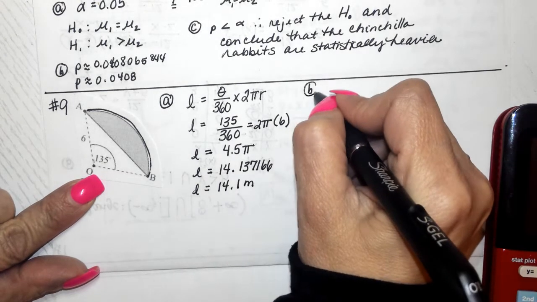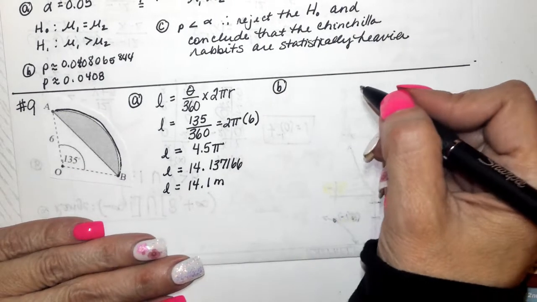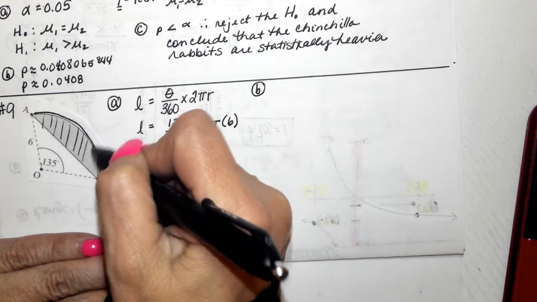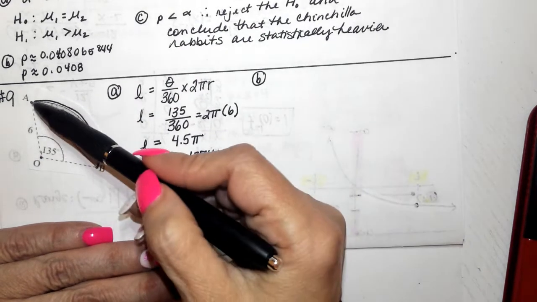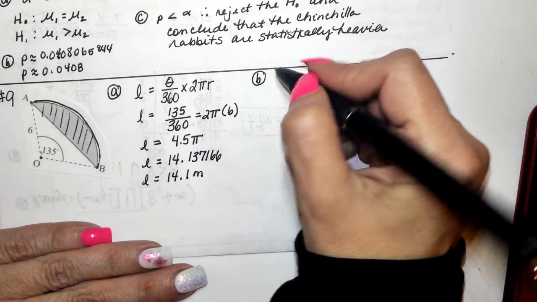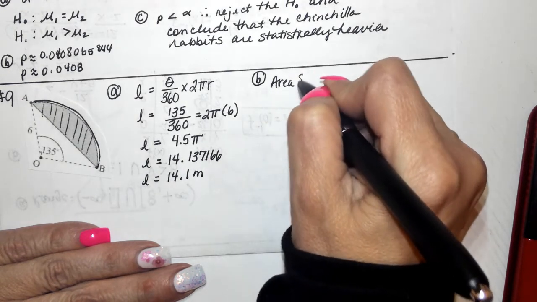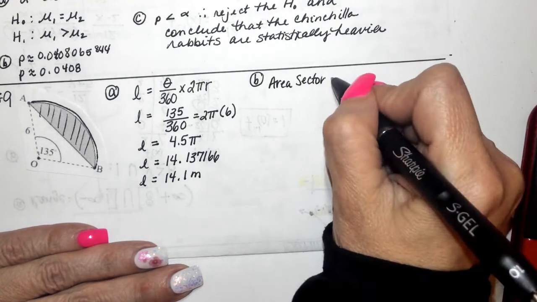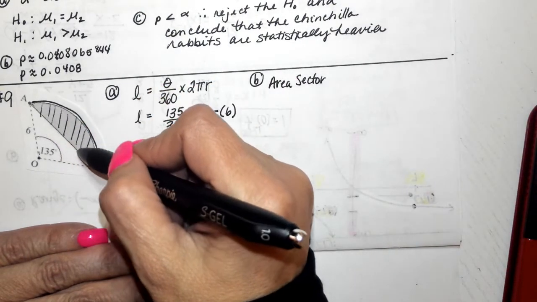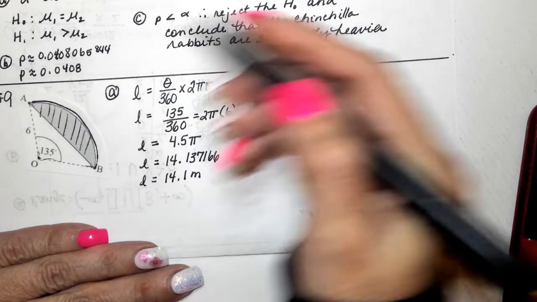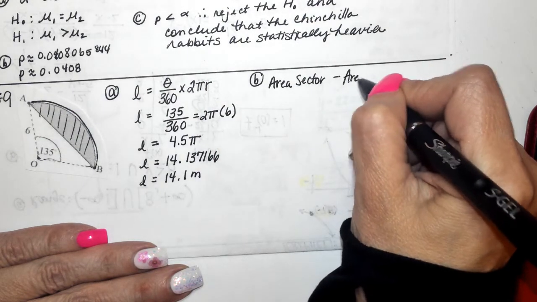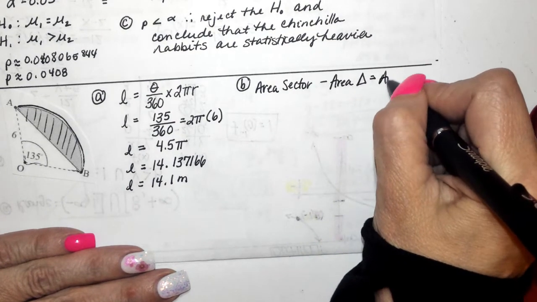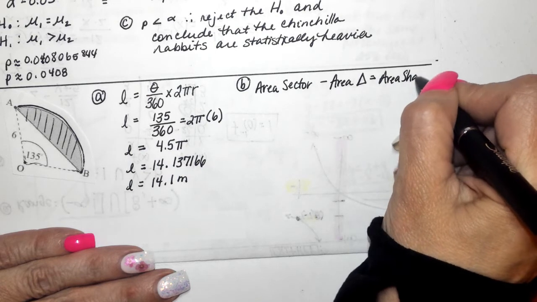And then for part B, you simply had to find the area of the shaded region, right? Find the area of the lawn. So you had to find this area right here. That meant you needed to find the area of the entire sector. So let's find the area of the sector. And then we had to find the area of the sector minus the area of the triangle, and that would equal the area of the shaded.